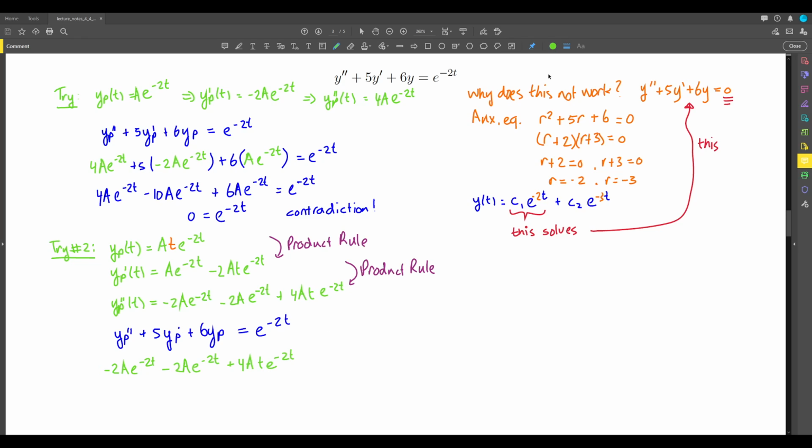It's the first part. Then we have to multiply 5 times y prime. And so that is going to be a e to the power negative 2t minus 2at e to the power negative 2t.